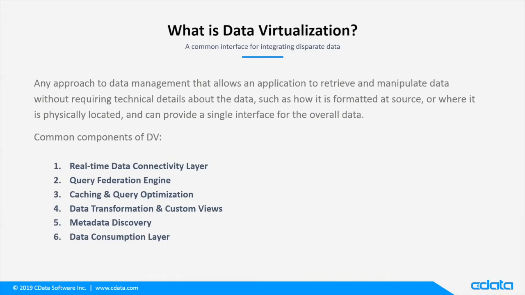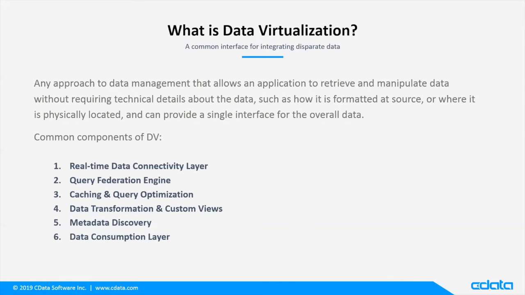And the components that make up data virtualization include a real-time data connectivity layer, query federation engine for accessing those multiple disparate sources, caching and query optimization, because if data retrieval is slow, whatever your application is not going to perform well, data transformation and custom views. This is how you model data after it's connected through this abstraction layer.